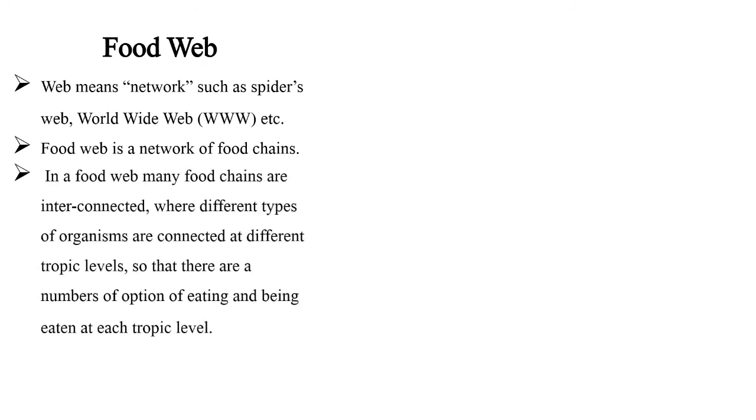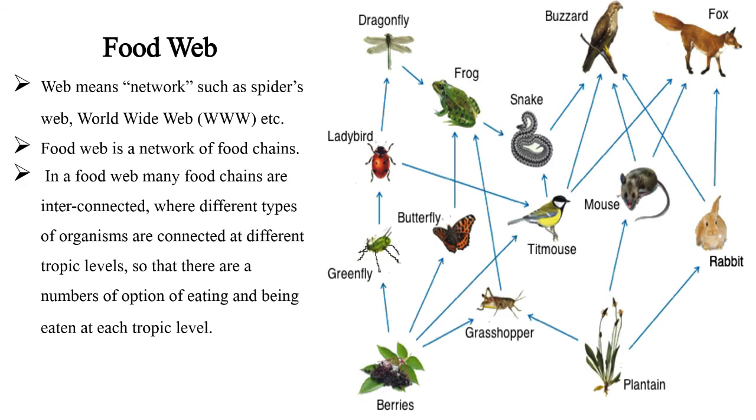In food web, many food chains are interconnected with different types of organisms connected at different trophic levels, so that there are a number of options of eating and being eaten at each trophic level.